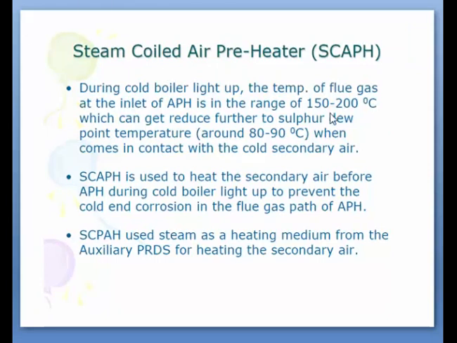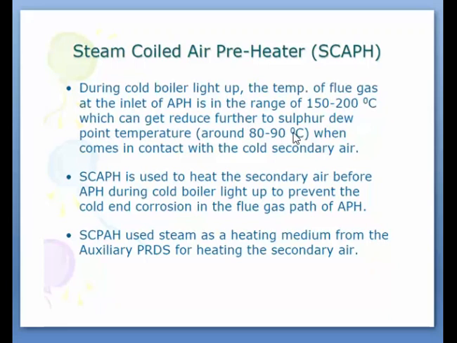At that time, the flue gas temperature at the inlet of the air preheater will be somewhere in the range of 150 to 200 degrees centigrade, which can fall further because of contact with the cold secondary air, and it may reach the sulfur dew point temperature because the flue gas may contain sulfur dioxide.